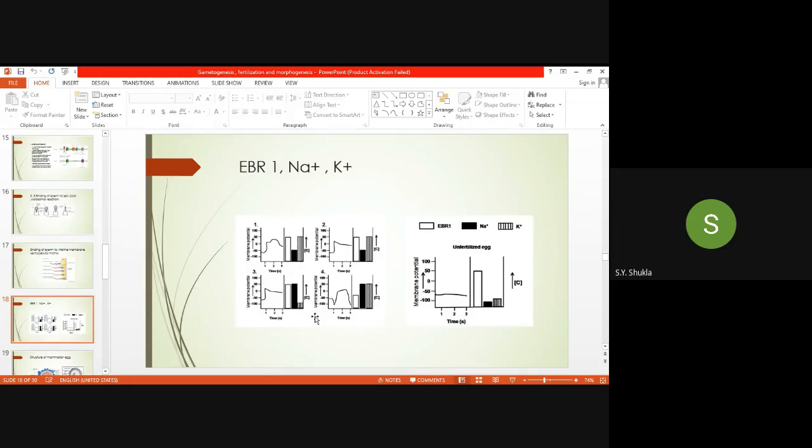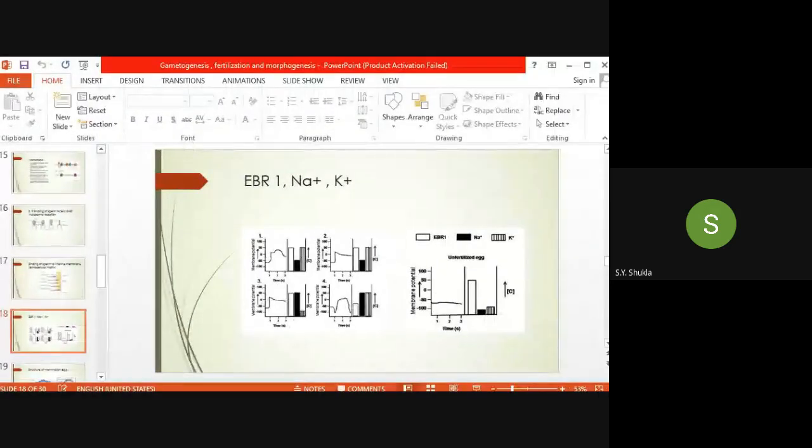Yes, anybody knows? Yes, Varsha. Do you know, in these four graphs, which graph shows that the given egg can be a fertilized egg? What happens when an egg is being fertilized?